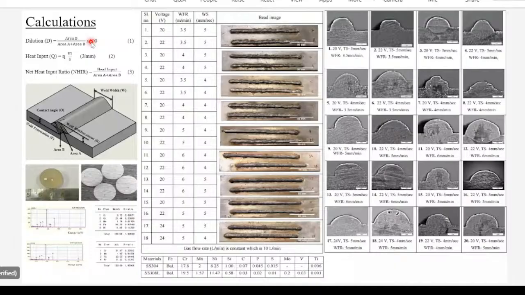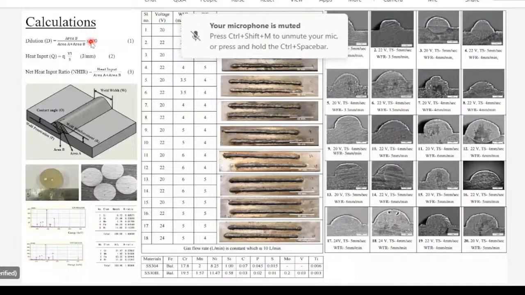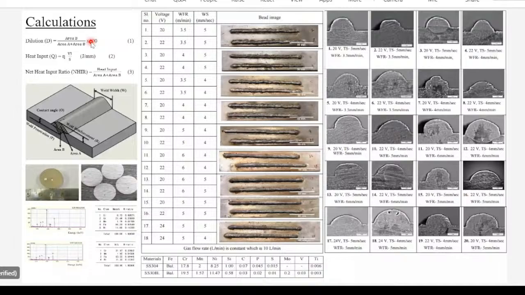This is very important in the WAM process, because if the dilution is too high, it means the penetration depth is too much. That is not good for WAM, because the average height of the layers will be reduced.